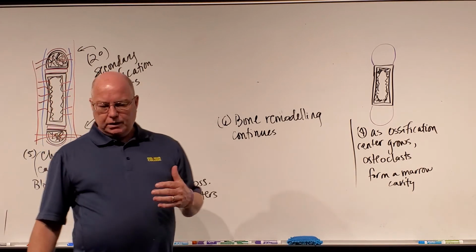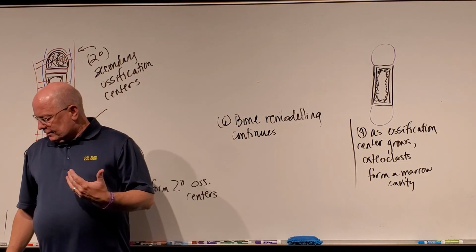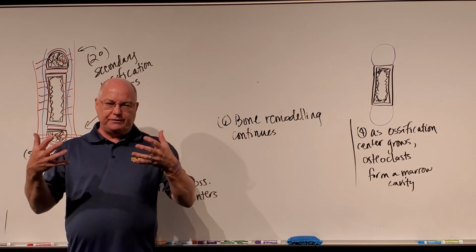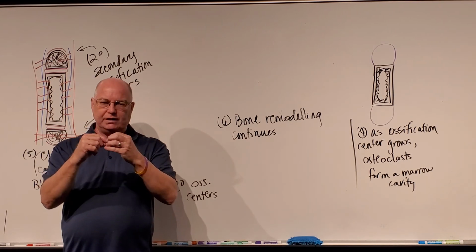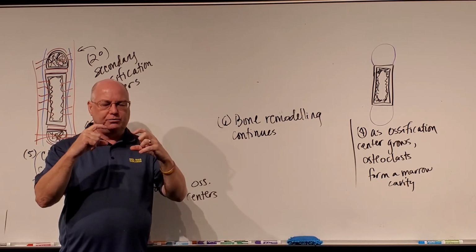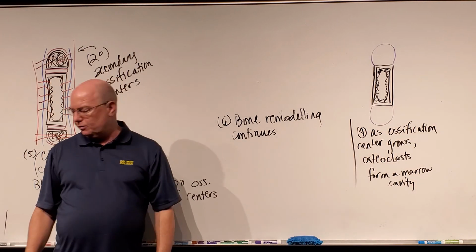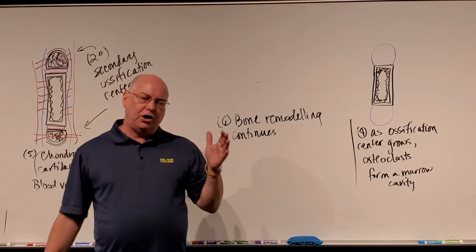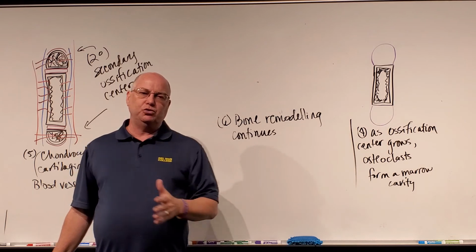Now, bone growth and development begins about 6 weeks after fertilization when the sperm meets the egg. Within about 6 weeks, we're starting to form little cartilaginous models of bone as an embryo. And that's going to continue until we're somewhere in our late teens to middle 20s.